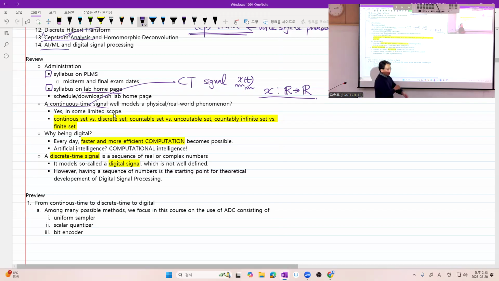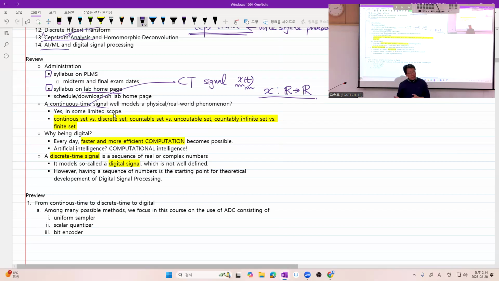However, even though in electrical engineering continuous time signal models most situations well, it's not exact. As we all know, electrons are quantized, they have finite quantity, right? So the so-called current, the flow of electrons or sometimes holes, is actually not well modeled by a continuous function.